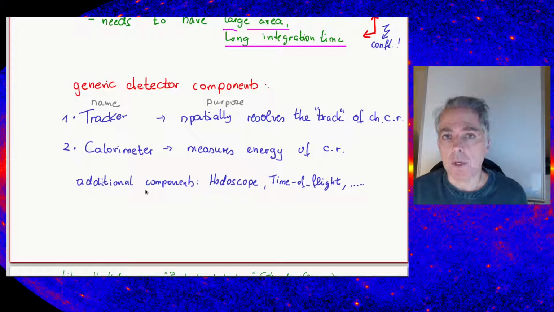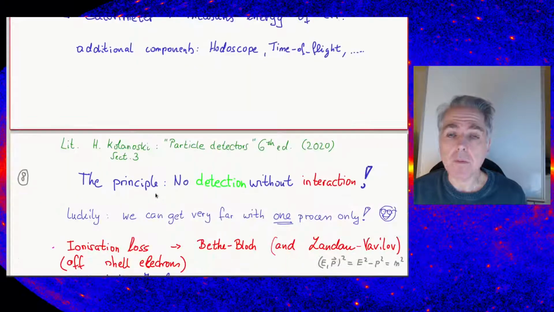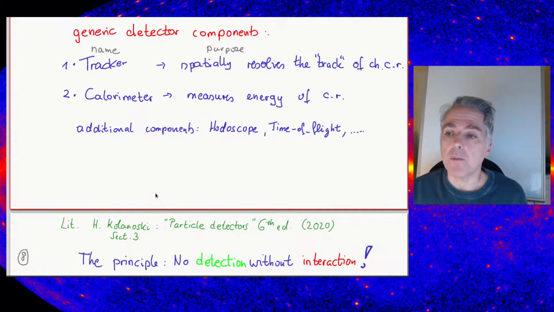That's done with something we usually would call a tracker. And the second component would be a calorimeter, which is a device which measures, broadly speaking, the energy of the incoming particle. Additional components are, of course, often used. This could be, for example, a hodoscope, time of flight measurements, and so on and so forth.